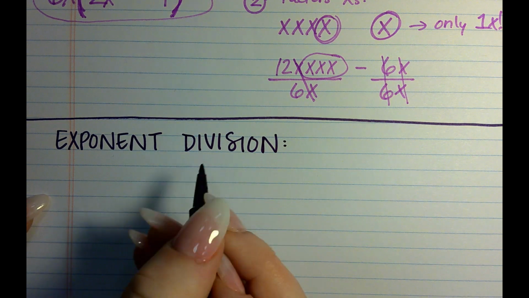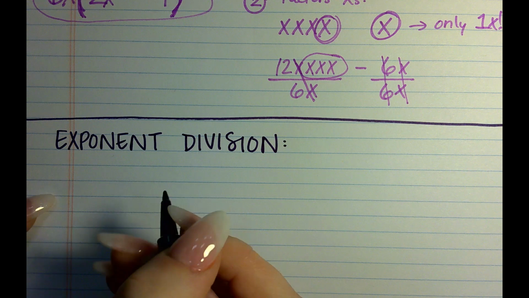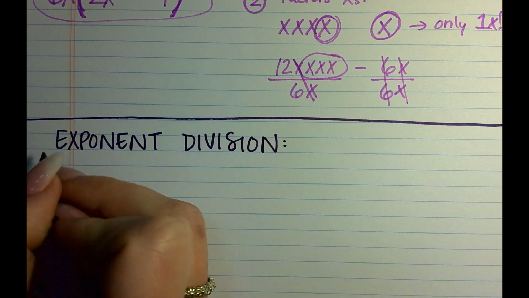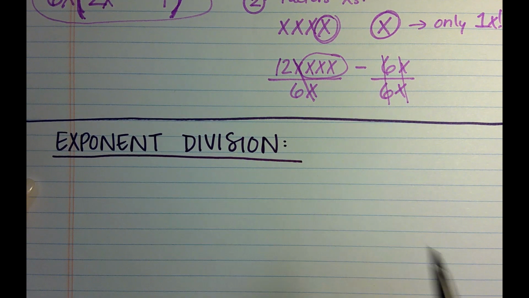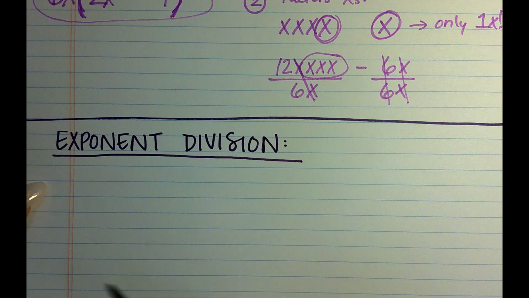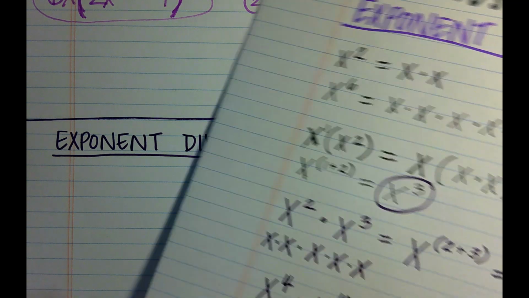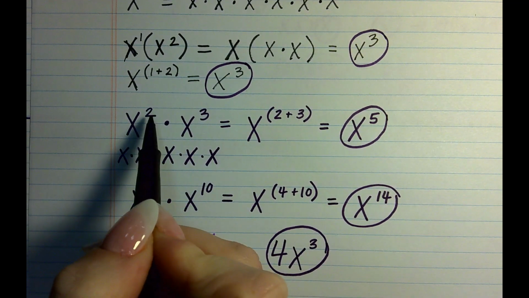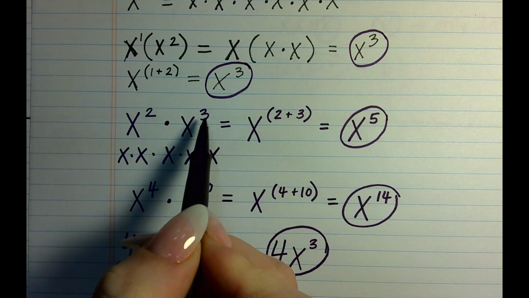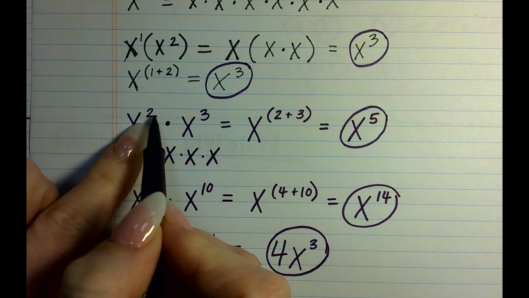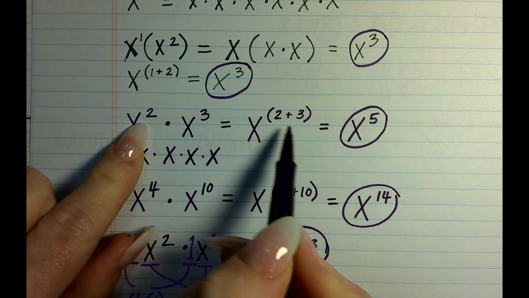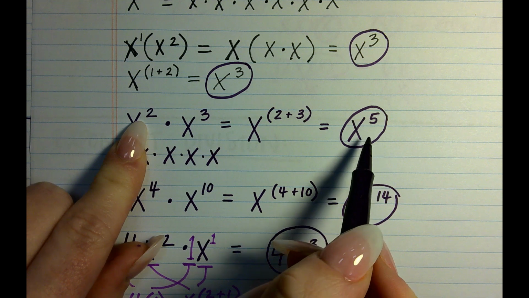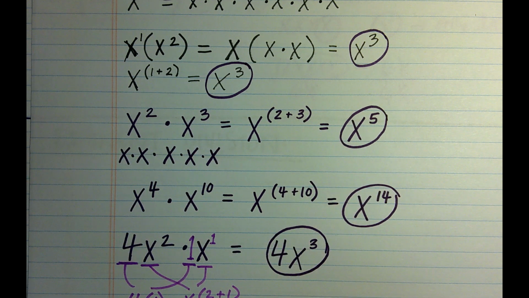So whenever I have, for example, looking back to multiplication, I'll pull back that page. Whenever I had x to the second power times x to the third power, we just add the 2 plus 3, and it gives us x to the fifth power. Multiplication and division are opposites.